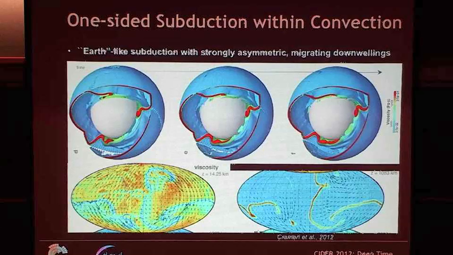It's got a high viscosity because it's red, and it is retreating over time. This is time. Looking at that, it's asymmetric and it's retreating. So you have slab rollback in these models, asymmetric and nice. If you watch these over time, there are some nice movies. You see things really analogous to Earth-like plate motions and asymmetric migrating downwellings.